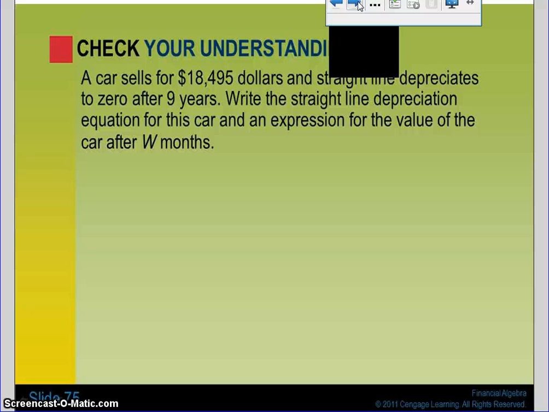First, we need to identify our intercepts, which are (0, 18,495) and (9, 0). We're going to create our equation. So we've got x1, y1, x2, y2.